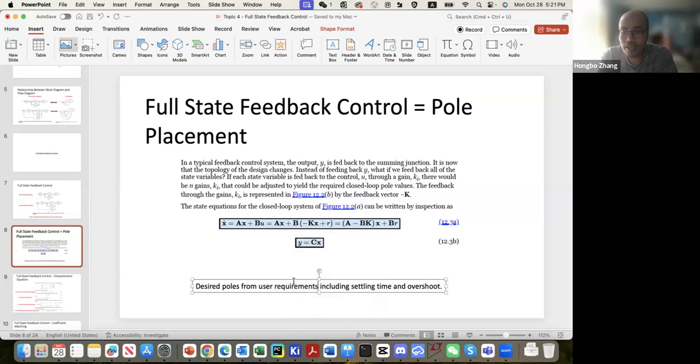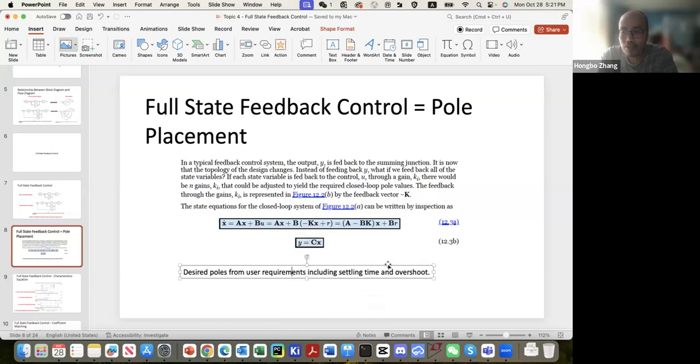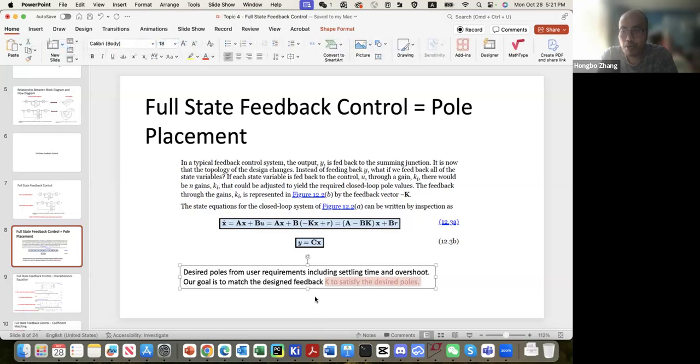Our goal is to match the designed feedback K to satisfy the desired poles. You may say, oh, how does K satisfy these desired poles?